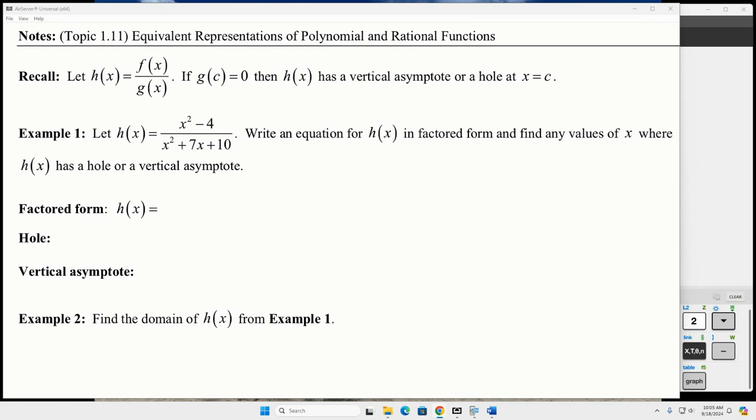And so today, the equivalent representation is going to be factored form. We've definitely factored tons of times. We just haven't called it that every time. So on this first example, we're going to write this in factored form, which is an equivalent representation.